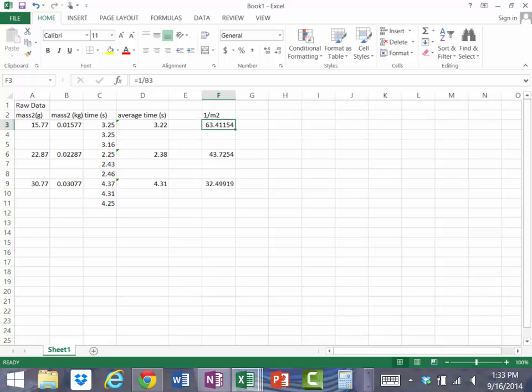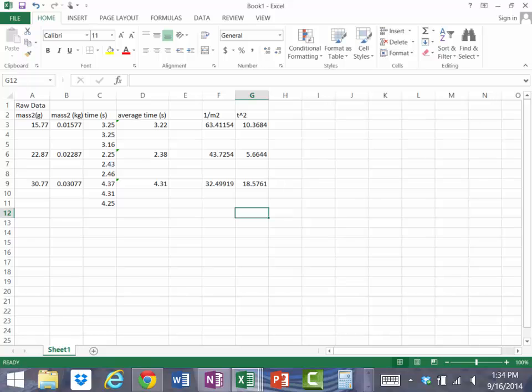I did equals 1 divided by, and then I just clicked on that cell. And then what is the other one going to be? T squared. I'm going to type in equals time caret 2. Drag down. And again, I'm just going to get rid of these zeros.